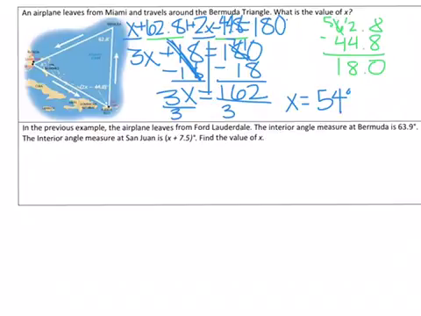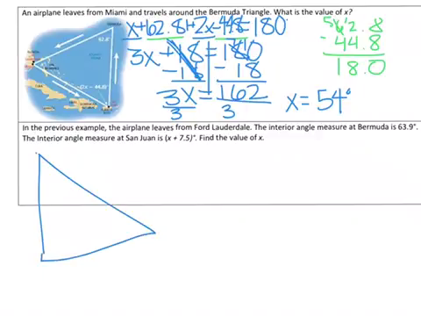Go ahead and try the next example. It says, in the previous example, the airplane leaves from Fort Lauderdale. Now they're saying that the interior angle measure at Bermuda is 63.9 degrees, and the interior angle at San Juan is x plus 7.5. So what I would do first is draw that triangle, okay?